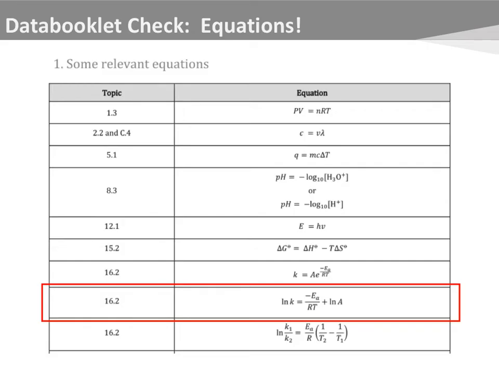Lucky for us, this equation is in the data booklet. You have to remember that y equals mx plus b is the form for that equation, and the slope is negative activation energy over R.